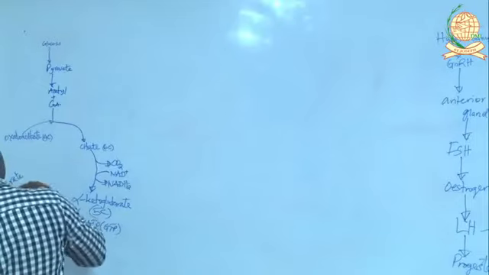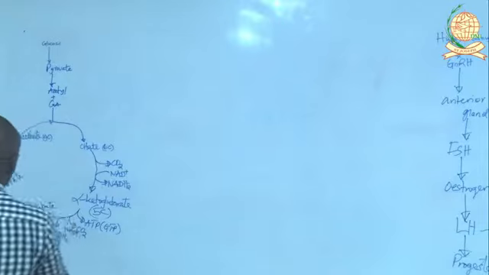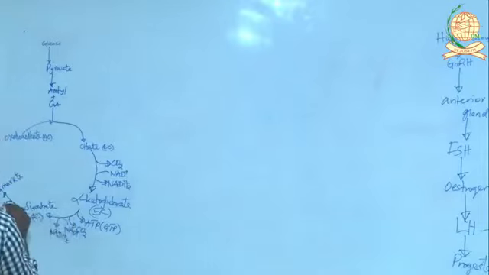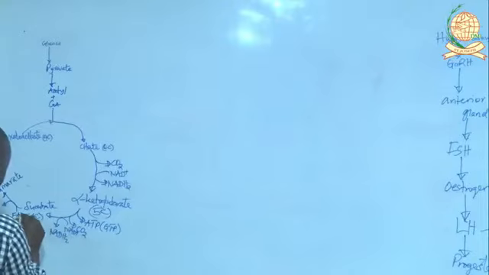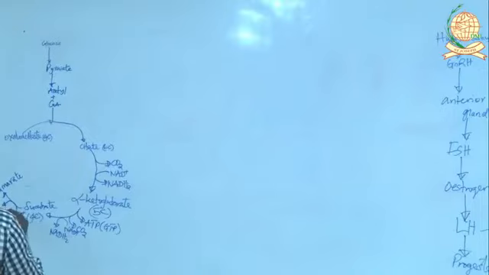Here is a pair of hydrogen picked up by FAD, and a single FAD picks a pair of hydrogen and becomes FADH2.